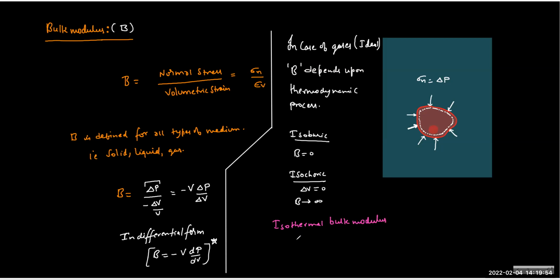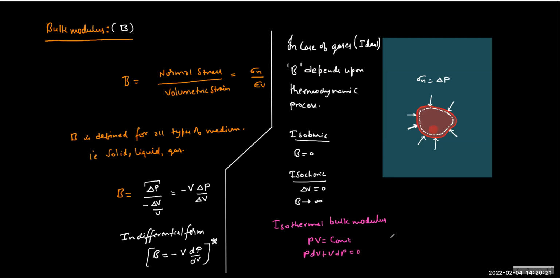So what is isothermal bulk modulus? For that you need the differentiation of pressure with volume, and to differentiate P with V, first you need to have the relationship, right? We know that for an isothermal process, PV equals constant. So you can differentiate both sides: PdV plus VdP equals 0.